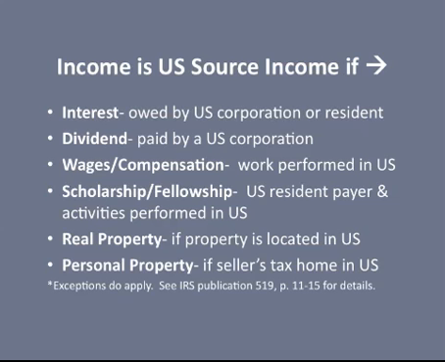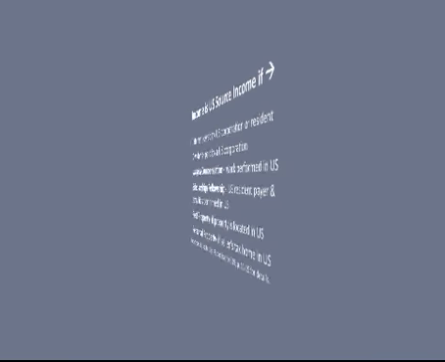Real property is U.S. source income if it is located in the United States. Personal property is U.S. source income if the tax home of the taxpayer is located in the U.S. And the definition of tax home can be found in Publication 519 on the IRS website.